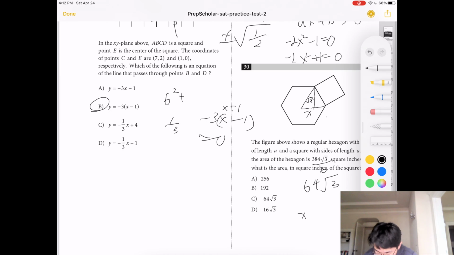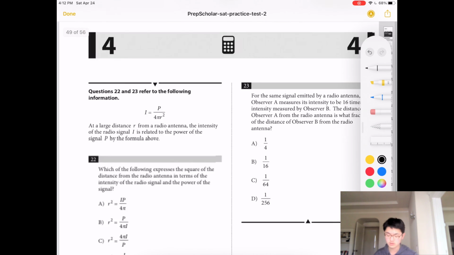Therefore, the area of the whole thing would be 2x times √3x divided by 2, which is x squared √3. So half of each of these would have to be 8, making a whole side 16. So the area of the square would be 16 squared, which is 256. So the answer is A.